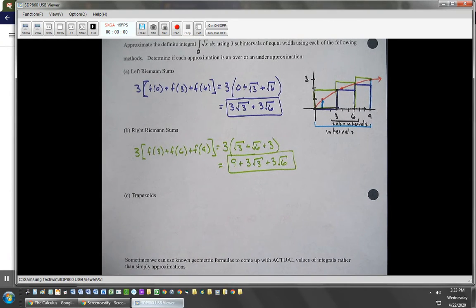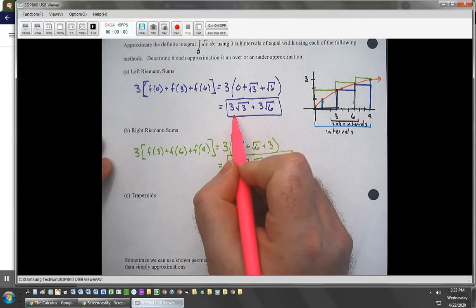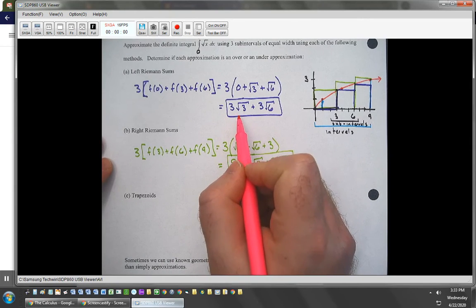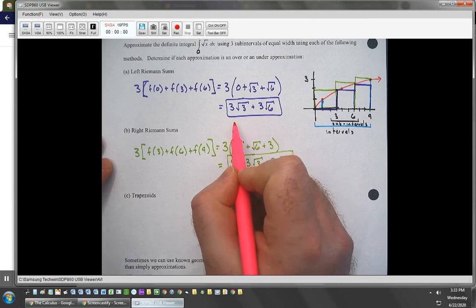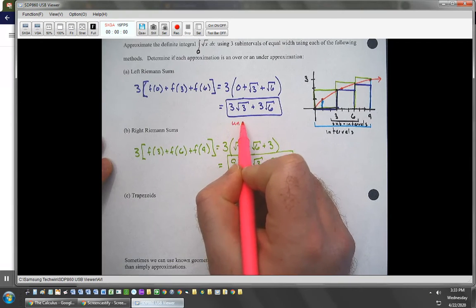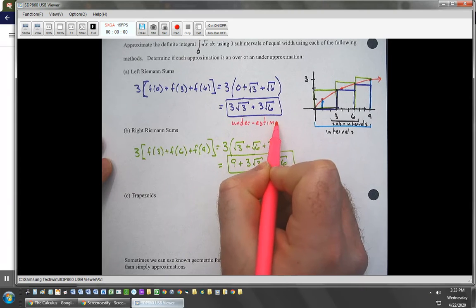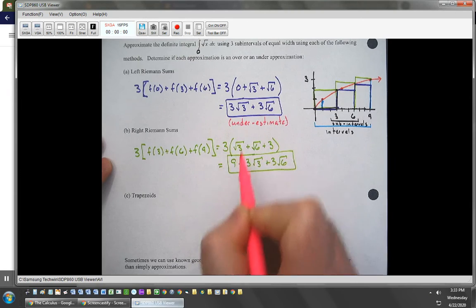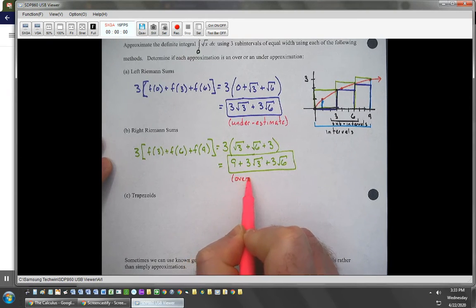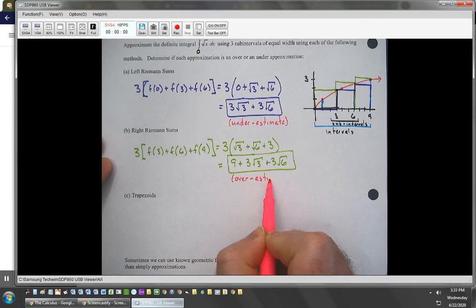Just as a quick reminder, my left endpoint of an increasing function will be under. This is an underestimate. This is an overestimate.